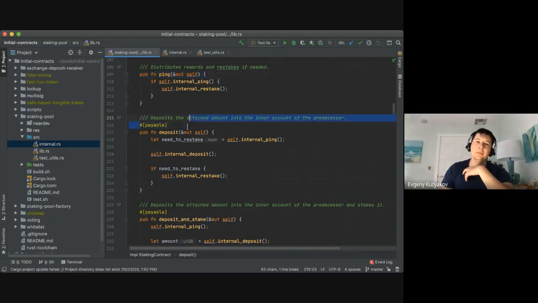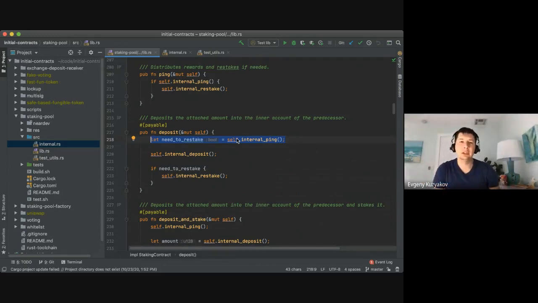Payable allows you to attach a deposit. Every method first does an internal ping to make sure we distributed previous rewards before changing any logic. And the common structure is, if we need to restake, then we first do some logic and then restake.